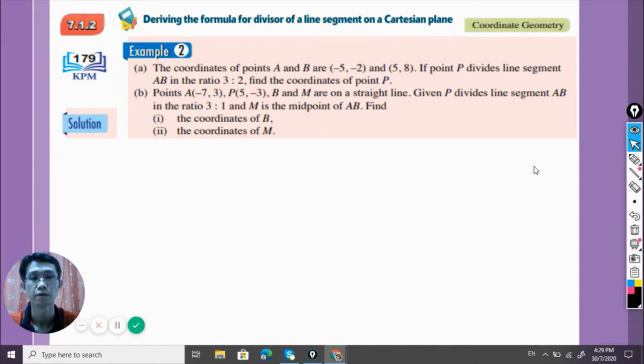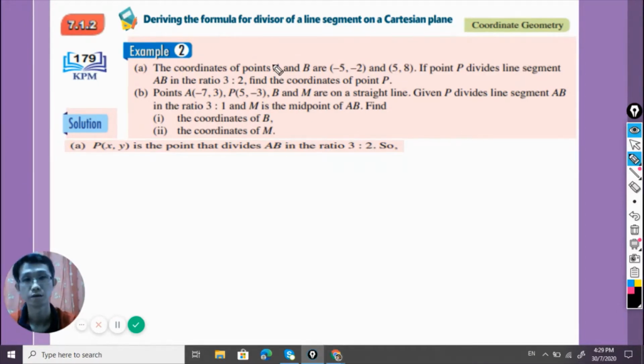First of all, you have to understand that you are given one very important clue here. You are given the points A and B, which are your endpoints, (-5, -2) and (5, 8).